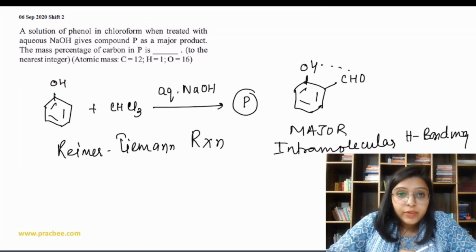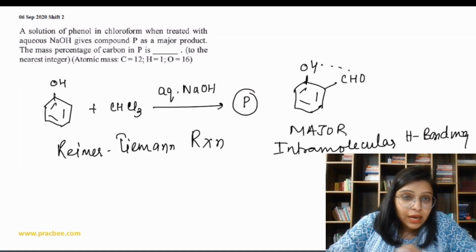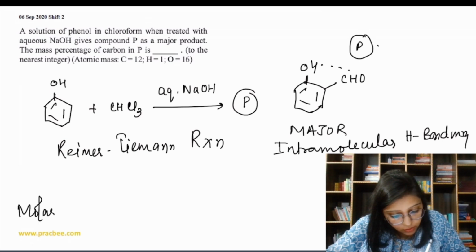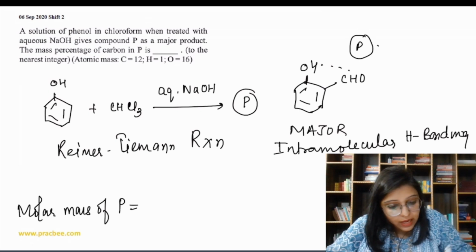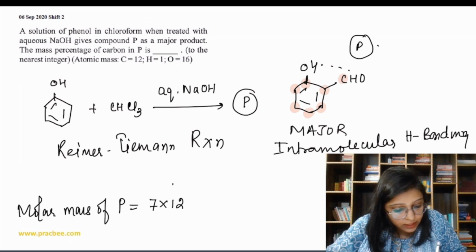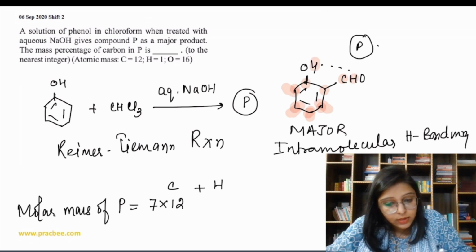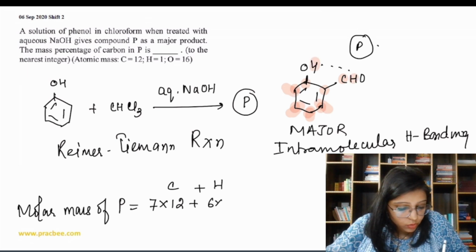So we have to find the mass percentage of carbon in P. So this is P. What is the molar mass of P? First we have to find the molar mass of P. So we have 7 carbons, so 7 into 12 for carbon. Then hydrogen: how many hydrogens do we have? 1, 2, 3, 4, 5, 6. 6 hydrogens, so plus 6 into 1, and 2 oxygens, that is 2 into 16.